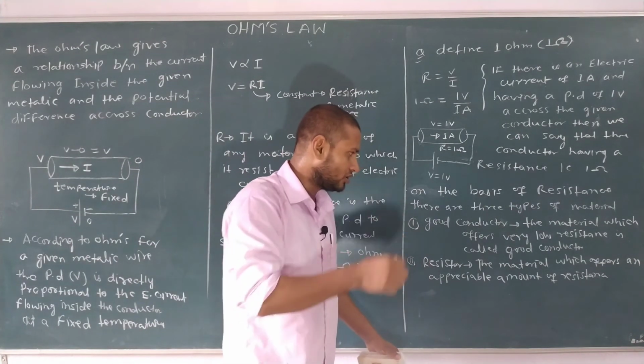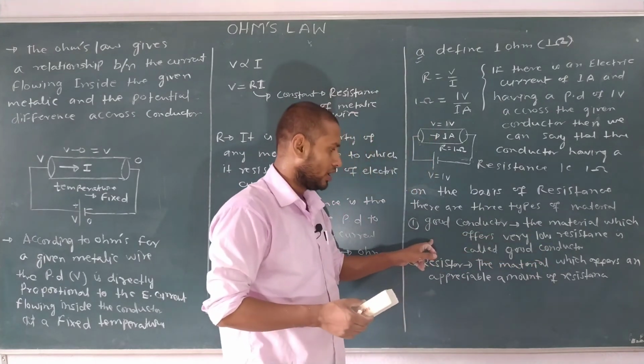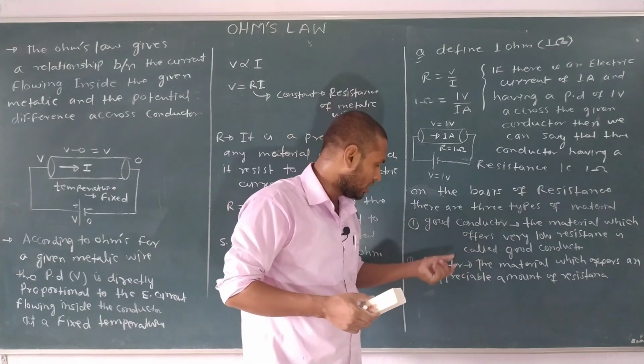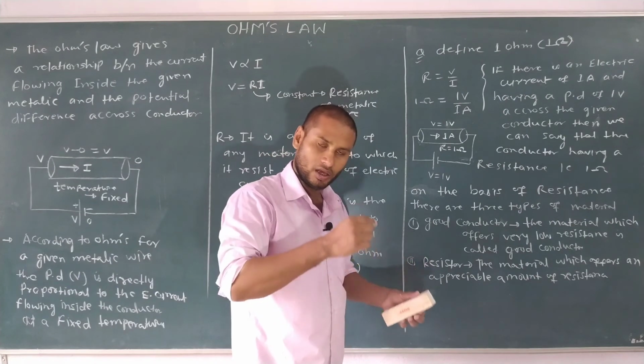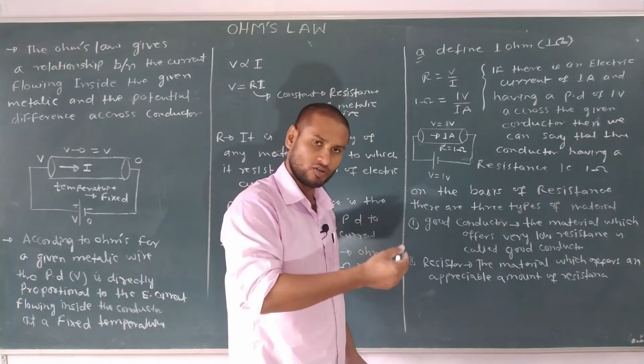So if a material offers low or very low resistance, it is called a good conductor. But if a material offers an appreciable amount of resistance, it is called a resistor.